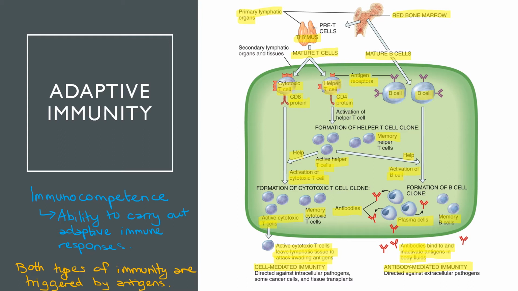However, if the same antigen enters the body again in the future, the thousands of memory cells of a lymphocyte clone are available to initiate a much faster reaction than occurred during the first invasion. So if we have memory B cells that have already come into contact with an antigen, they'd be able to become activated much quicker than the first time we came into contact with that antigen.